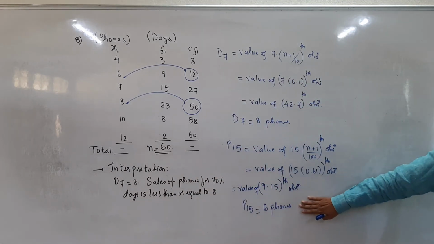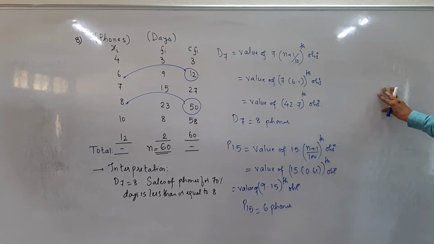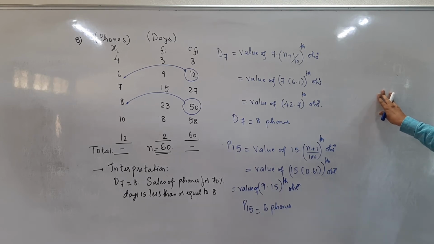Now P15 is 6. So sales of phones for 15% of the days is less than or equal to 6. Easily you can write: D7, so 70%, D4, then 40%, D8, then 80%, like that. P15, so sales of phones for 15% of the days is less than or equal to 6 phones.